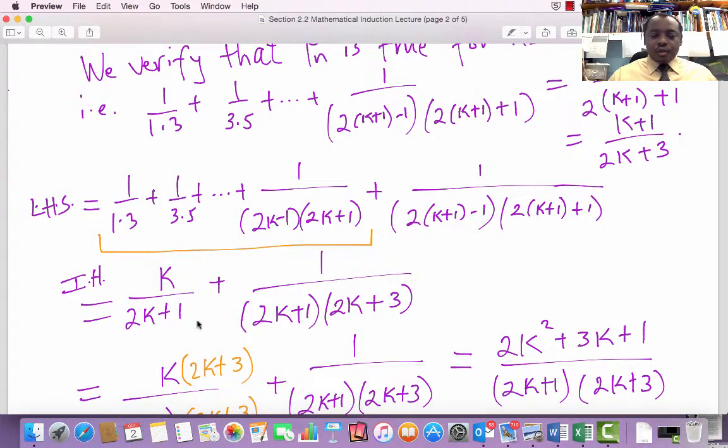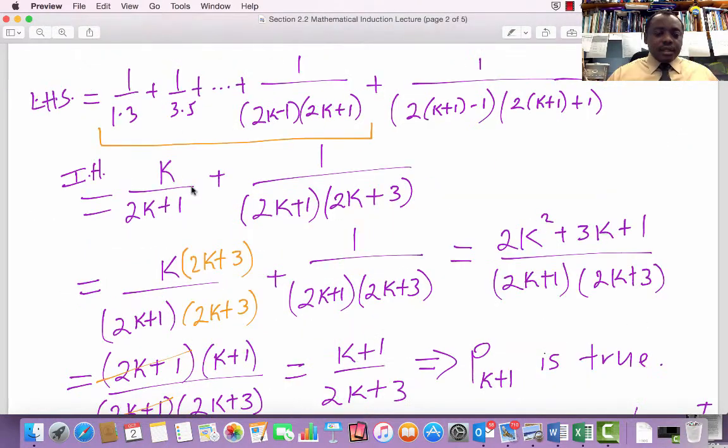We all know how to add fractions when the denominators are not the same. So we go ahead and multiply the first component in the numerator and the denominator by 2k plus 3 so that the denominators can be the same. If that happens, then the denominator would be 2k plus 1 times 2k plus 3, and the numerator will simply be the sum of the numerators of these two fractions.